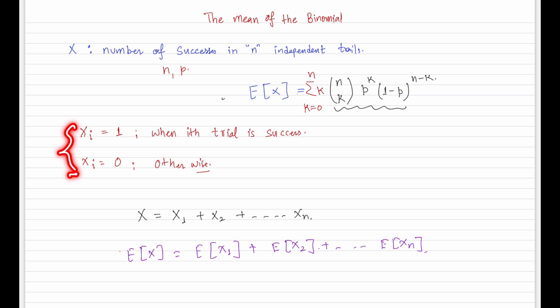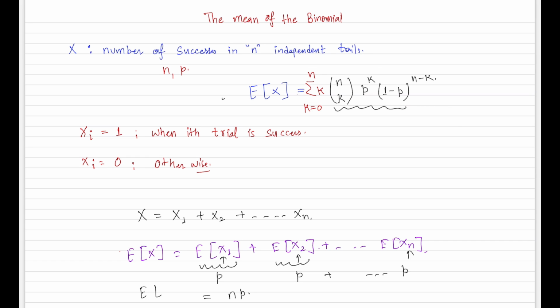So these are nothing but Bernoulli random variables, and you know the expectation of a Bernoulli random variable is simply p. Each of them can take either 0 or 1, and each has expectation p, so this summation will be n times p.